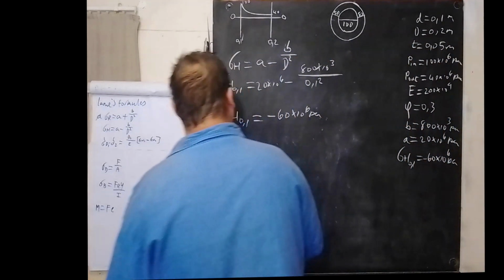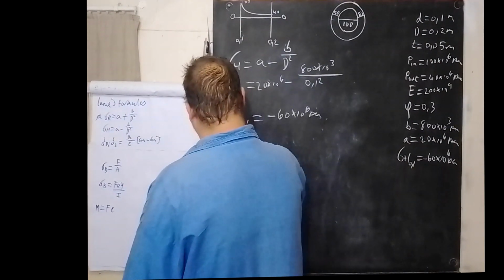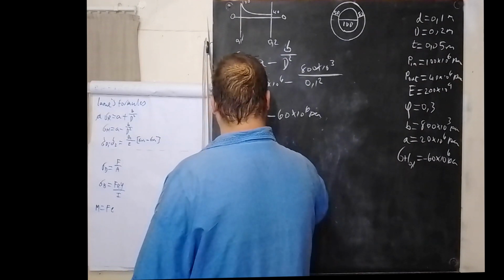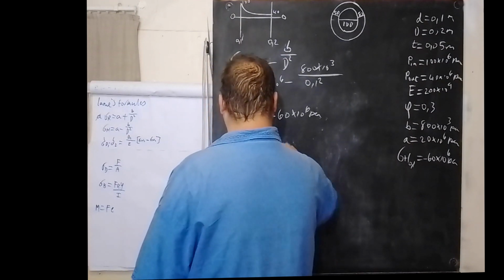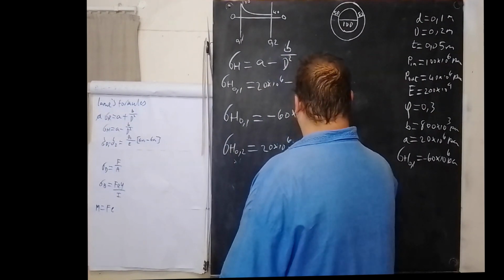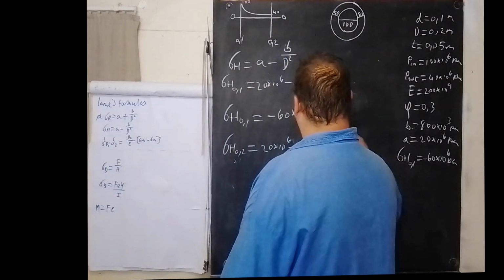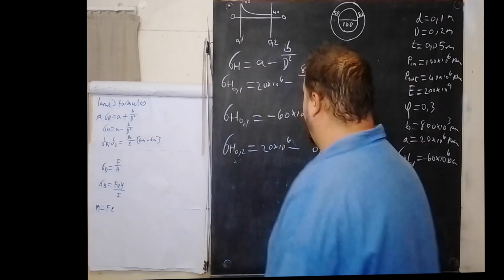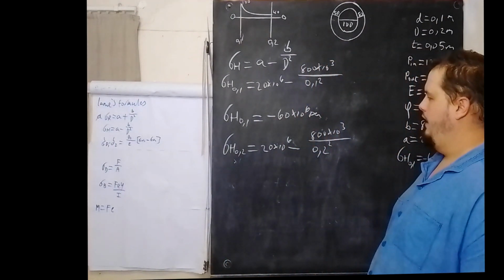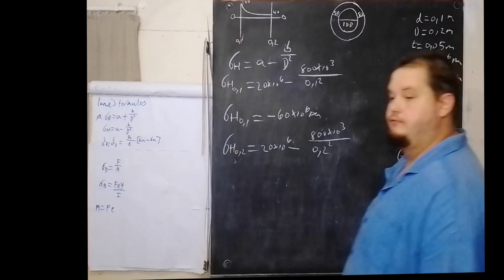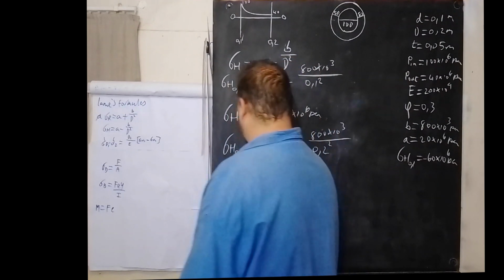Now what we have to do is work out the next one. So H at 0,2 is 20 times 10 to the 6 minus 800 times 10 to the 3 all over 0,2 squared. And this particular one equals 0 megapascals.